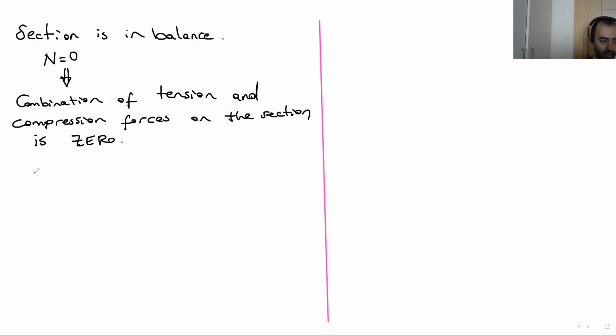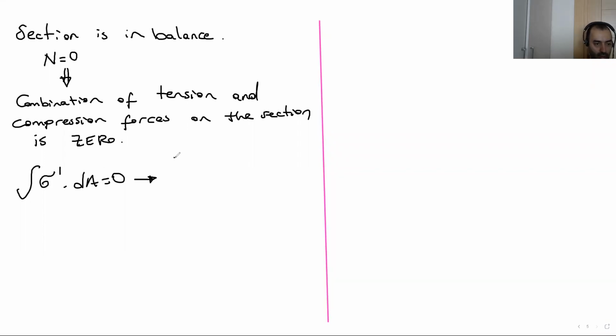So what are we going to write? The integral of sigma prime times dA equals 0. This is the force, you know. Sigma prime times dA gives us 0, which is the force, the total force, because when I put the integral here, that means this is the total force on the section.